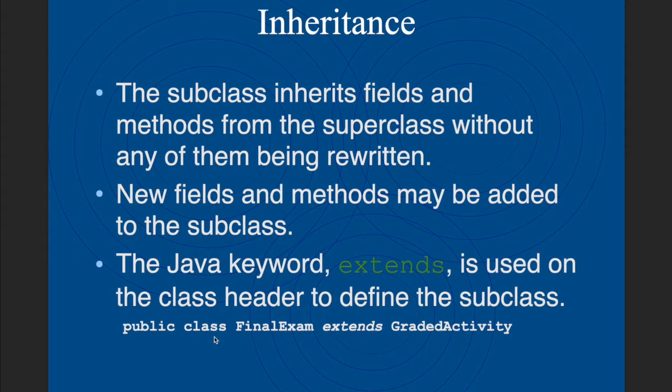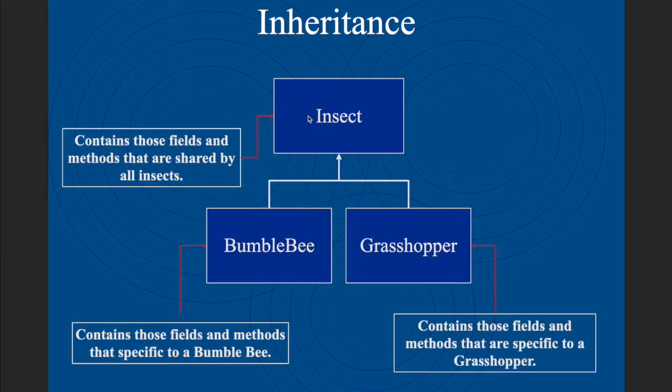For example, let me go back. For example, you have insect class, which is general, and when you create bumblebee class, your class header will be public class bumblebee extends insect.